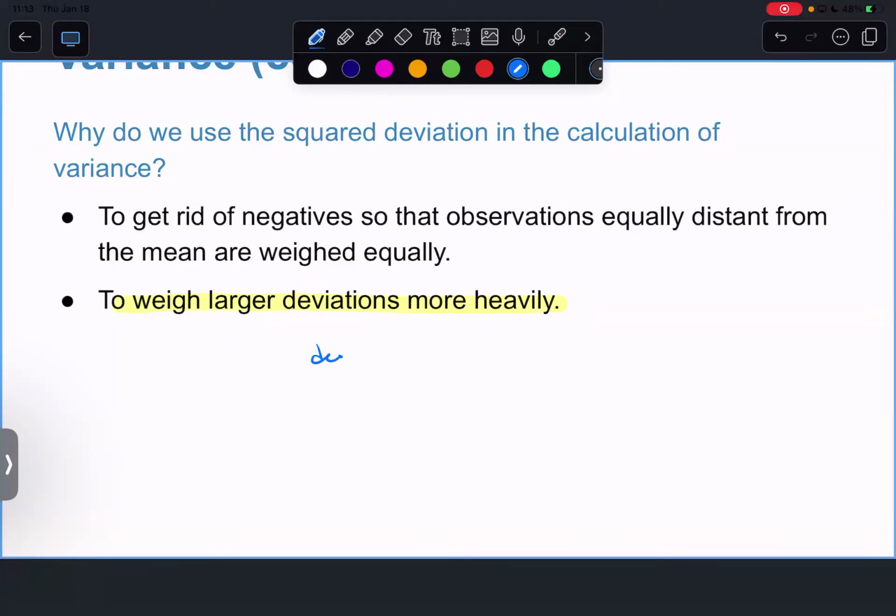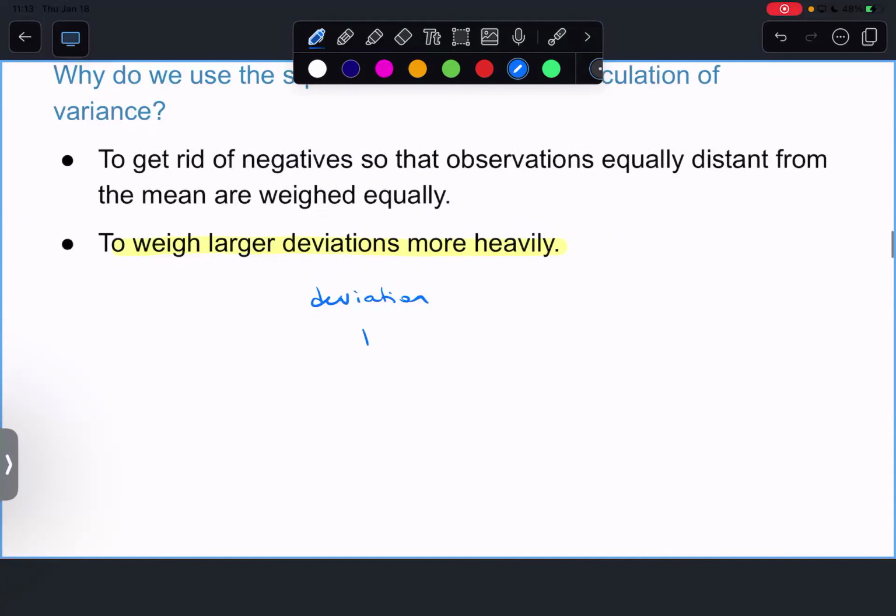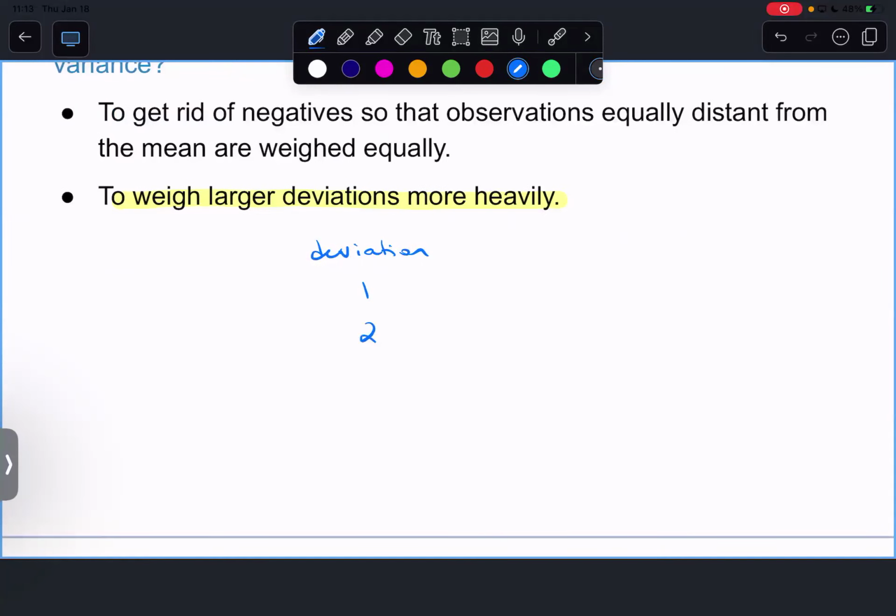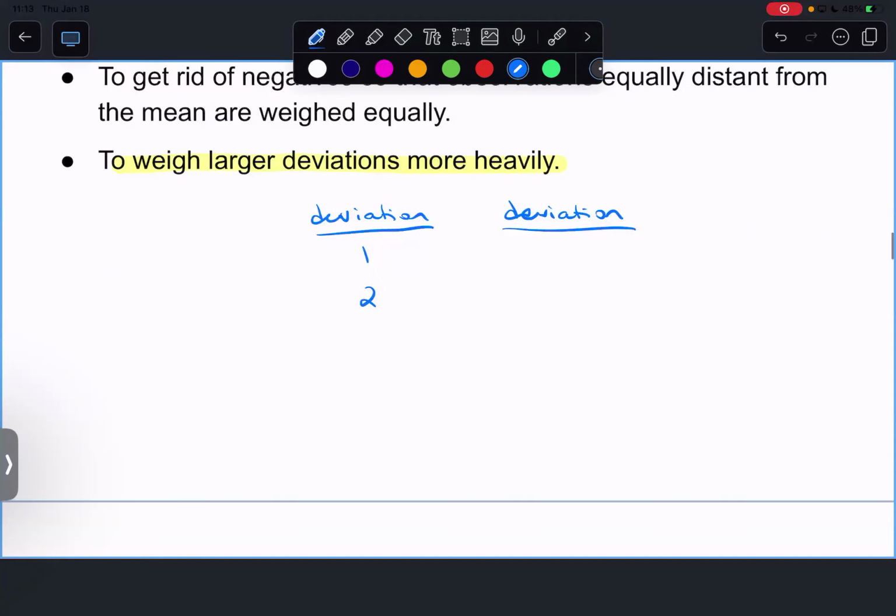So if we have a deviation of 1 versus 2, right? So a data point is 1 unit away from the mean, right? That's a deviation of 1. So now if I square that deviation, right? Then I get 1 squared is still 1, right?